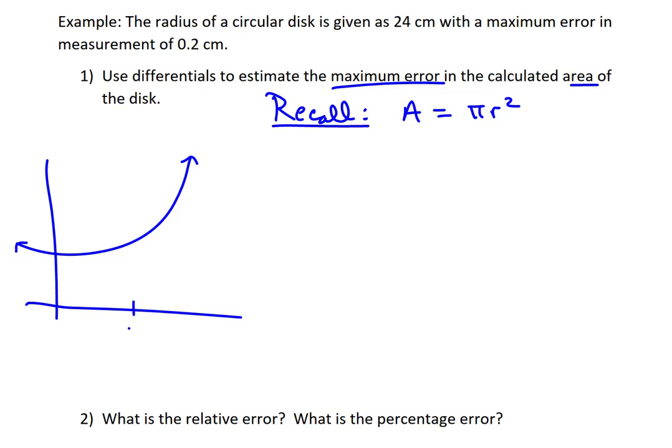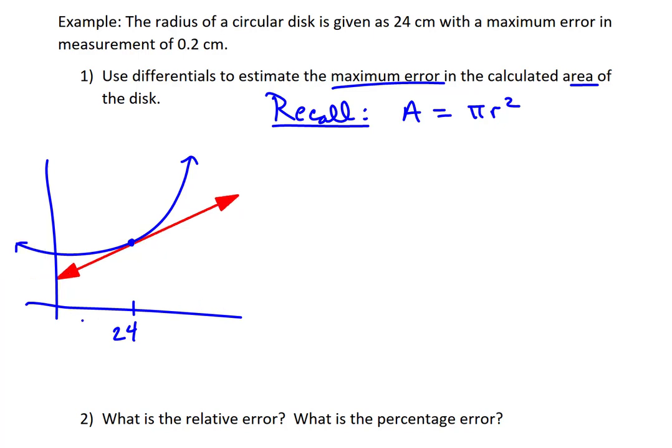And then we're going to put the given value for this radius, which is 24, that's provided in the problem, on the x-axis, and then directly above that, so where f of 24 would be on this curve, or you could say A of 24, we're going to put a point on our curve there, and then we're going to estimate a tangent line to the curve right at that point.